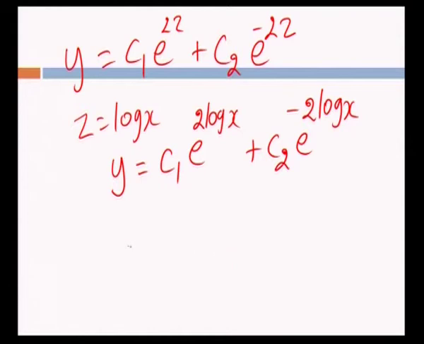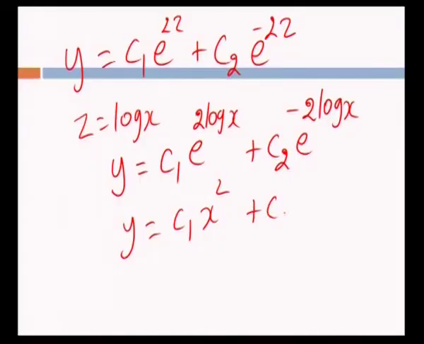So, here we have 2 log x and minus 2 log x. Here this exponential and logarithm exist, so this can be written as y is equal to c1 x square plus c2 x power minus 2.